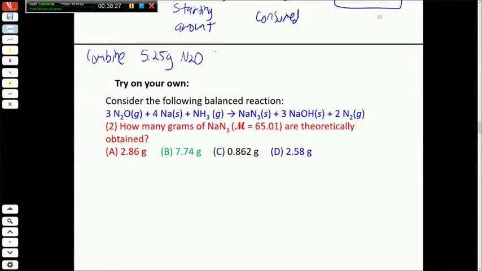All right, we have 5.25 grams of N2O, which is 44.01 grams per mole is the molar mass. 4.05 grams of sodium.